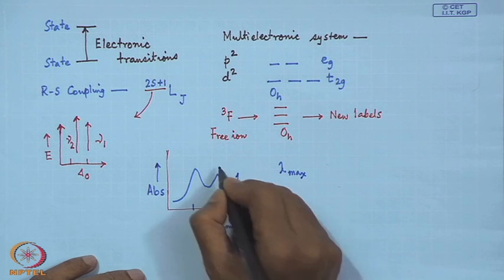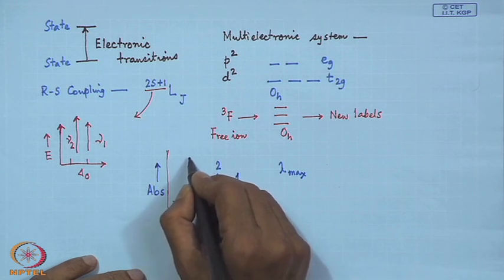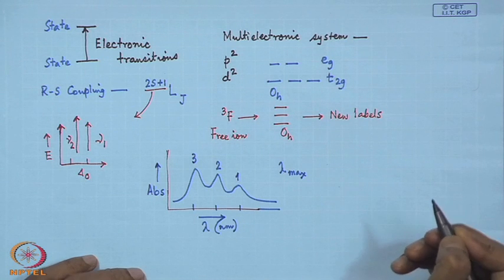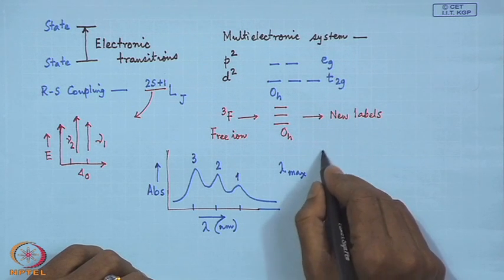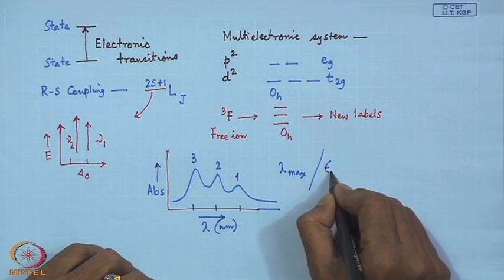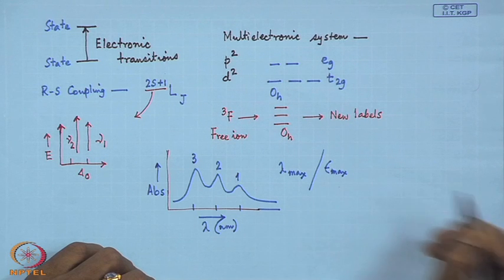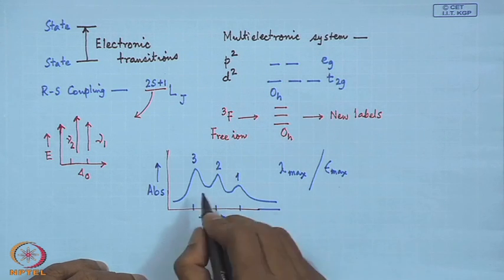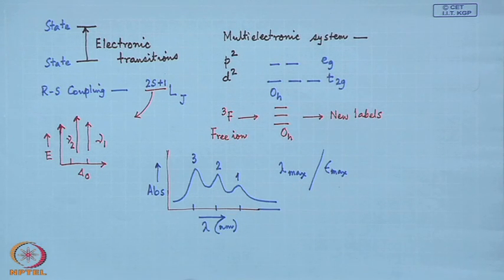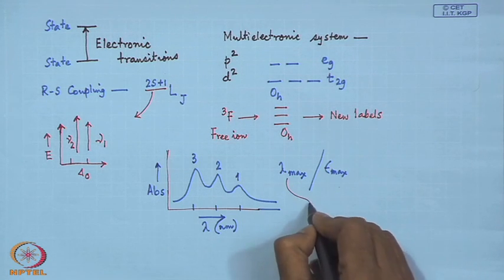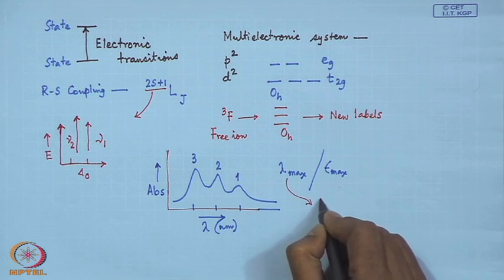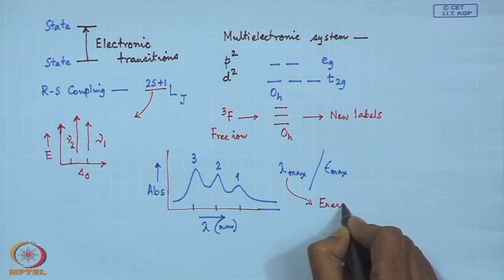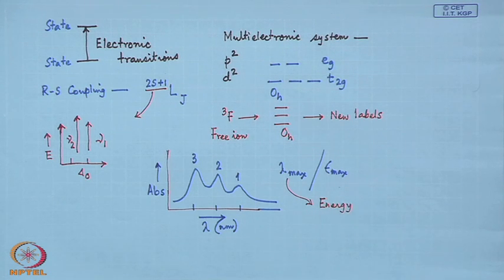This can be lambda max 1, this can be lambda max 2 and this can be lambda max 3. And at the same time we will have their epsilon max values. So, the calculation of these lambda max values basically gives us some idea about the energy packet which is required for a particular electronic transition.